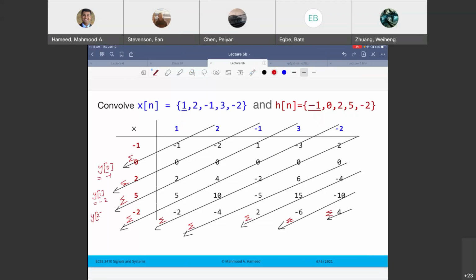Y of 2 equals, let's see, 3. Y of 3 equals 9 minus 6, 3. Then y of 4, 6, 8. Y of 5, -9 plus 6. Y of 6, 17, 13, 7, -16, 8, 4.